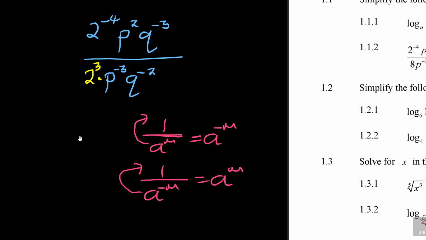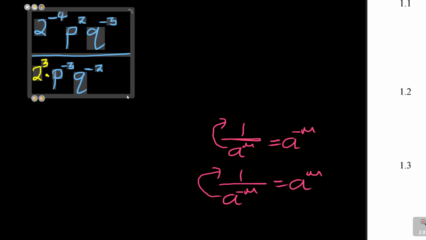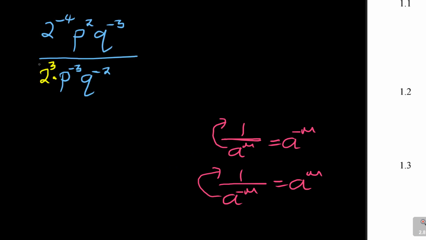So if I use that same concept here and say, all right, I've got p and q, and I want to take them to the top. I've got 2. So this 2, when it goes to the top, check the sign. It was positive. So it will now become 2 to the power of negative 4 times, still multiplies, 2 to the power negative 3 now, because it was positive at first.